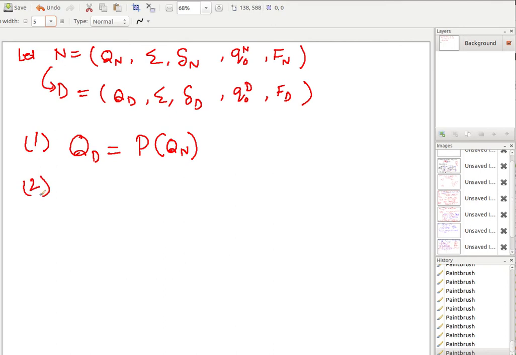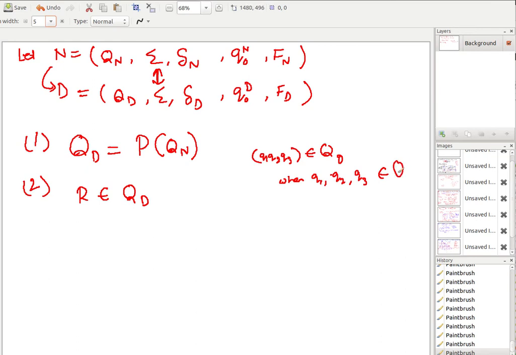Number two, so this is already equivalent to each other, so I don't have to talk about that. We have to design the rest of the thing. Now let's say that R is defining some state that is part of your QD. So how will QD look? An element in QD is actually Q1, Q2, Q3, where Q1, Q2, Q3 are individual elements of Qn.